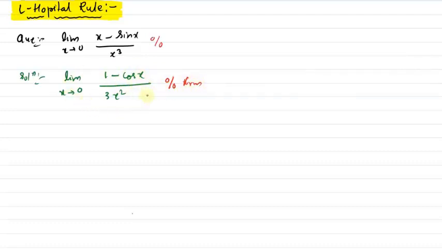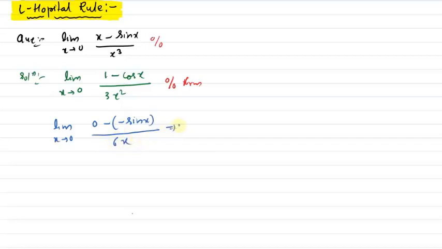So again we can consider this as a new limit, and we can again apply the L'H rule. If we again apply the L'H rule, limit x tending to 0, this will become 1 minus cos x, differentiation of 1 will be 0, minus differentiation of cos x will be minus sin x, divided by differentiation of 3x square, which gives 6x.